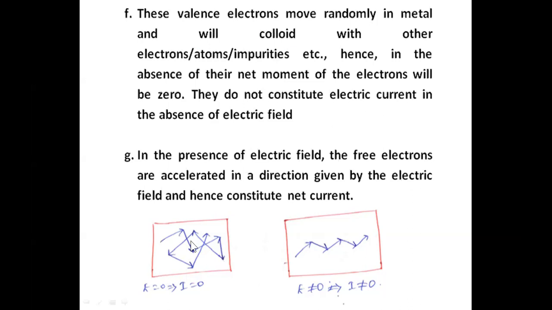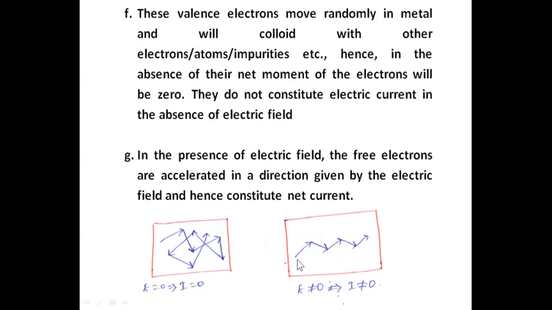You can see the schematic of in presence of electric field and in absence of electric field, how the electrons behave inside the metal. In the first figure, if E is equal to 0, because of random motion of electrons, they don't get net movement and hence the net current is 0.